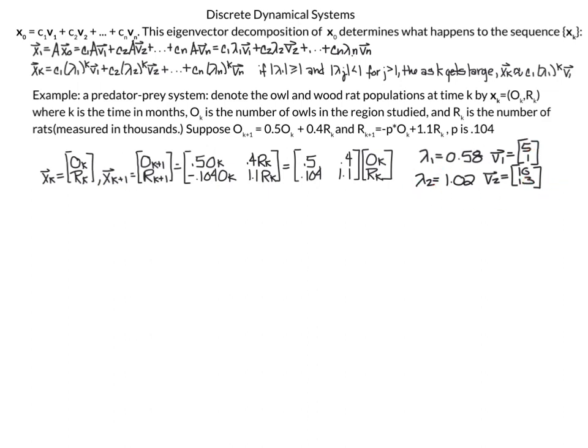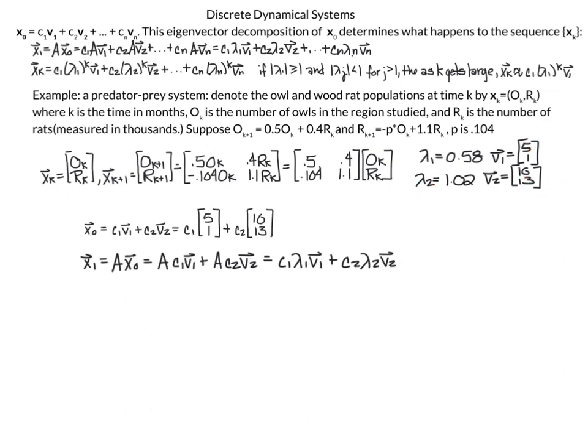and my eigenvalue and eigenvector number 2. I can write then my x naught, which was not given to me, but an x naught is equal to c1 times my first eigenvector and c2 times my second eigenvector. The first eigenvector is 5, 1, and my second eigenvector is 10, 13.